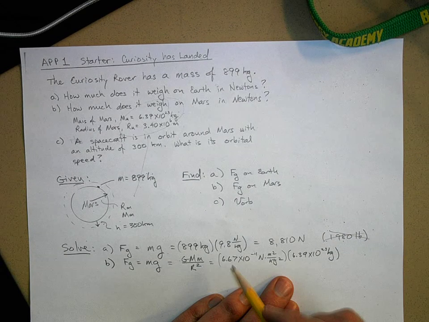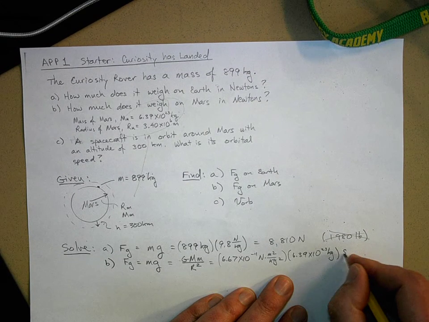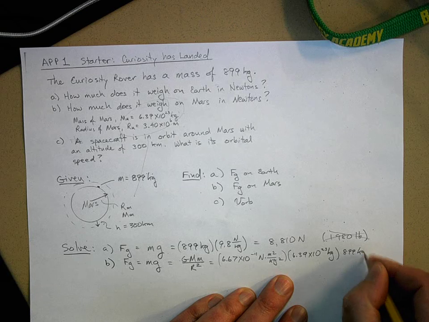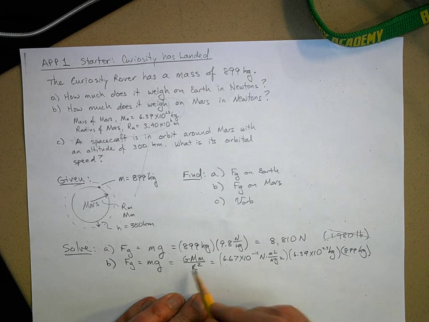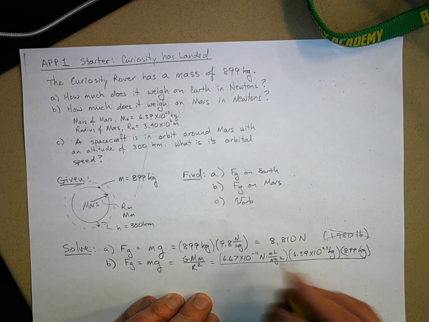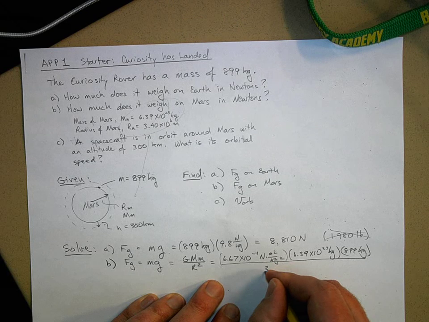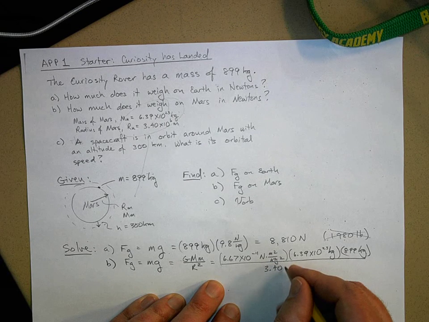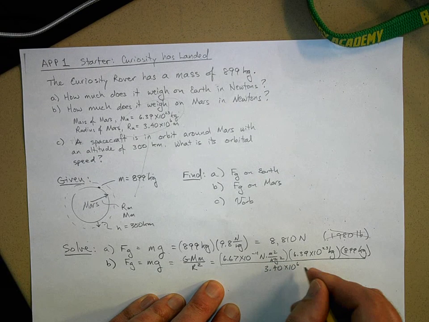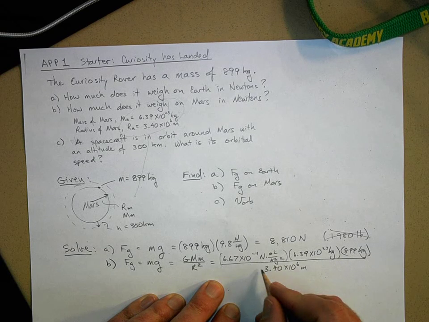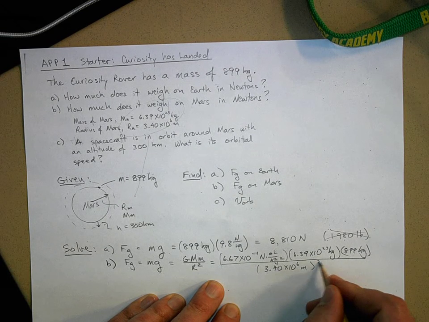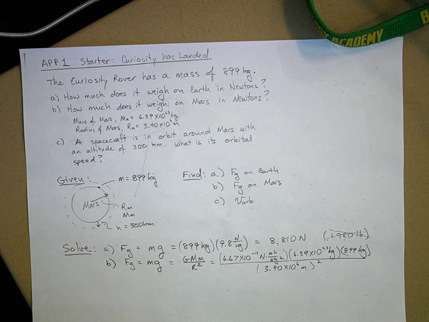And then the mass of the spacecraft. And then it's on the surface, so we just use the radius. And we square it. So that's a lot of arithmetic.